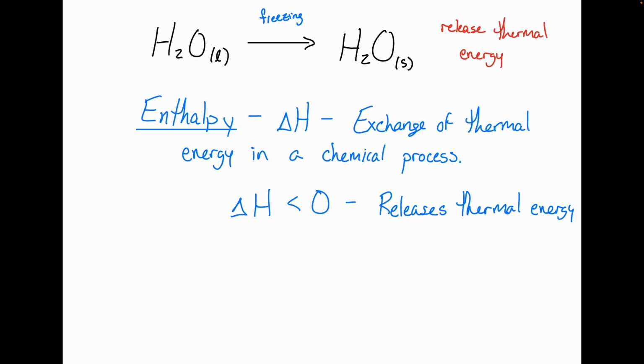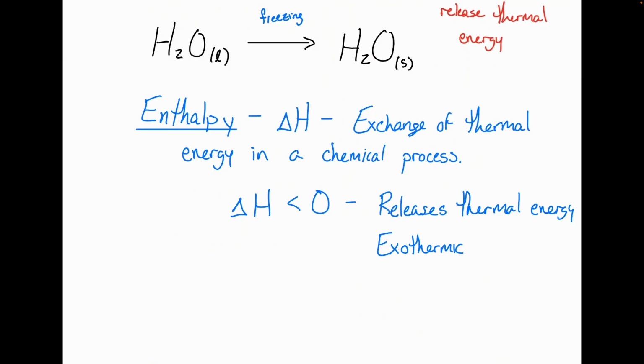We call this exothermic. So a chemical process that releases thermal energy, we would call that an exothermic process. All right, so our freezing here, again, we call exothermic because this is a process that releases thermal energy.